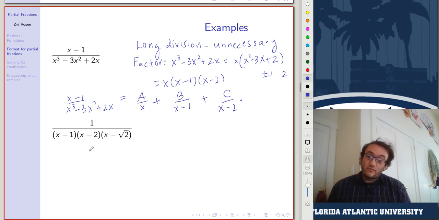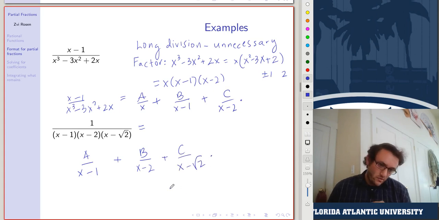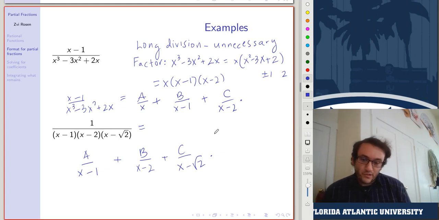In the next example, the factorization has already been worked out for us. So all we have to do is use the appropriate format, and this is given by a constant divided by x minus 1 plus a constant divided by x minus 2 plus a constant divided by x minus the square root of 2. Okay? It's okay to have terms in here that are not rational as long as they're real numbers.